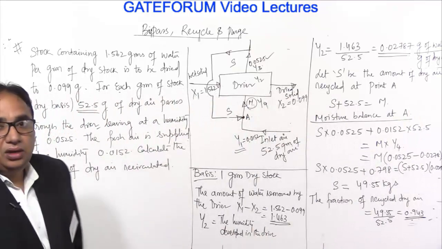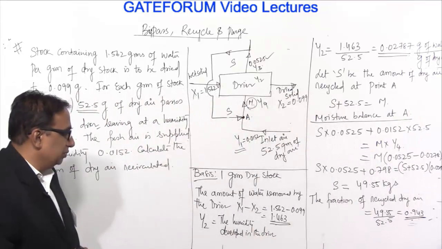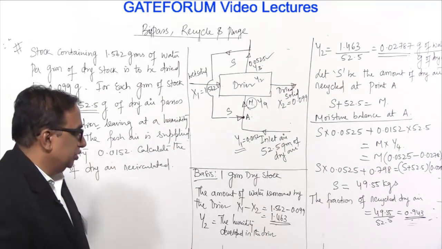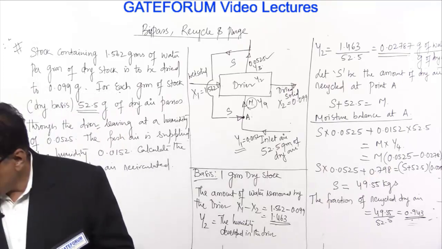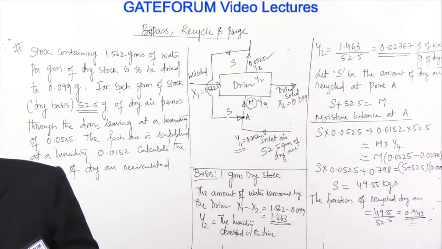Like this we can also solve some problems here on humidity. These three problems are the classical problems for you to solve. It will give you practice in solving such problems.